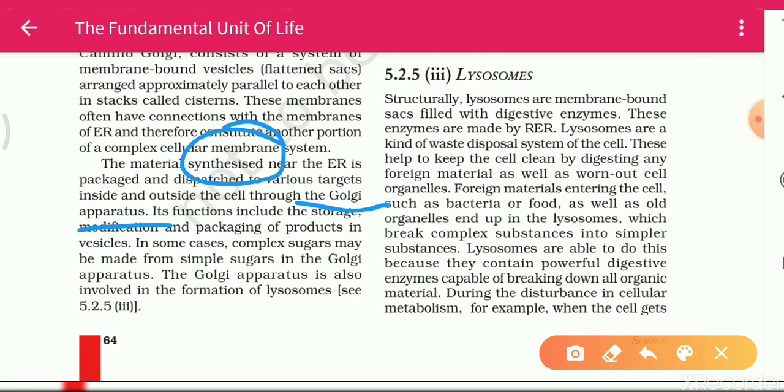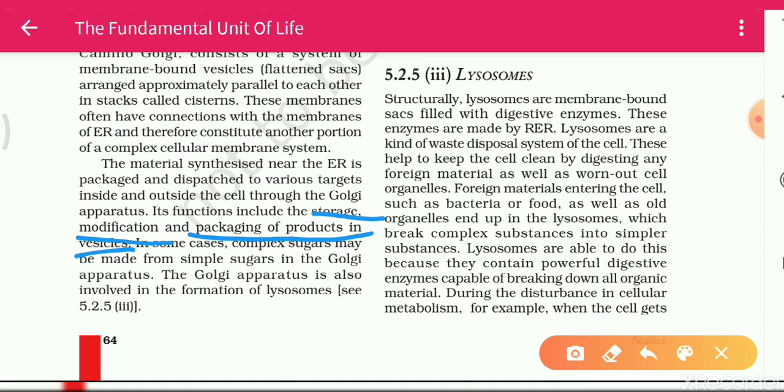And you will see here the function. The function of the Golgi apparatus is that it can help in the storage, modification, which means to change it, and packaging of products in vesicles.